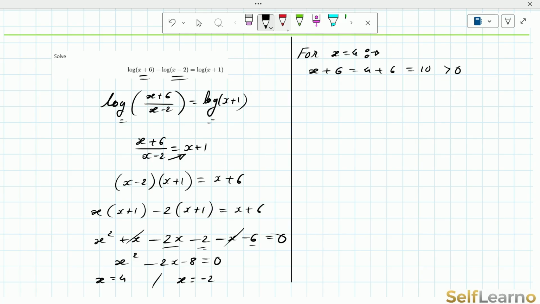It is positive. Okay, move ahead. X minus 2, 4 minus 2, that is 2, is greater than 0. Yes, move ahead. X plus 1, that is 4 plus 1, that is 5, greater than 0. So therefore, x equal to 4 is accepted.